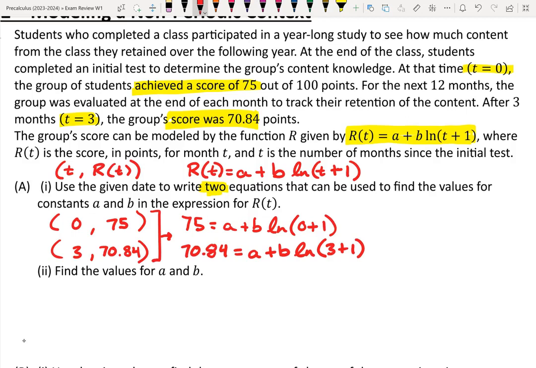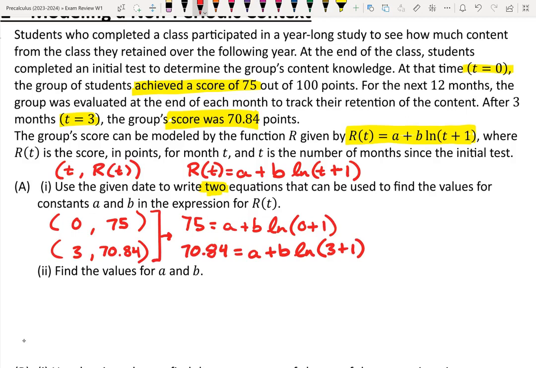Okay. Part 2, find the values of A and B. For part 2 here, we can do this by hand, or we can use a regression. This one you have to be very, very careful about using a regression.